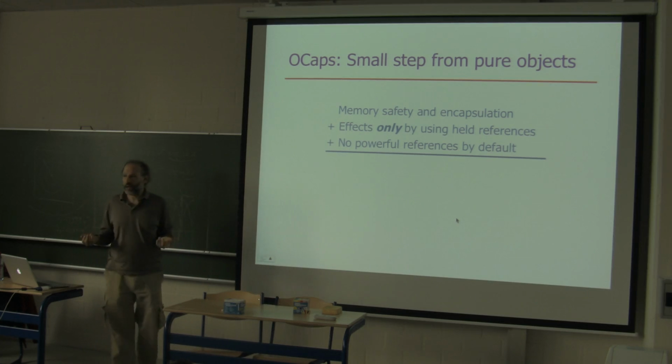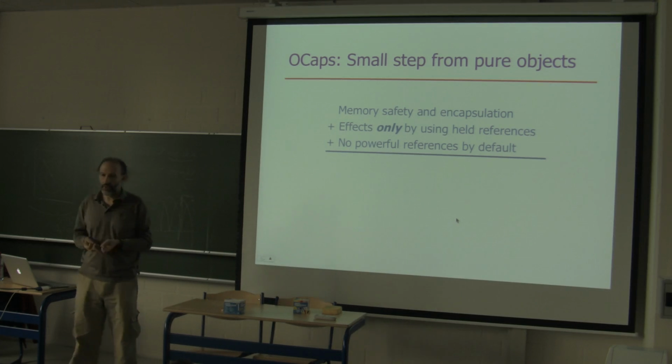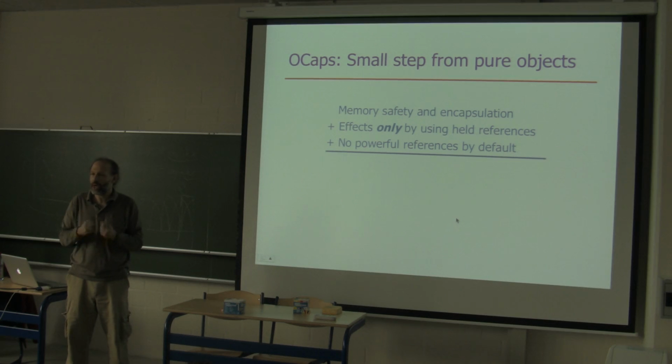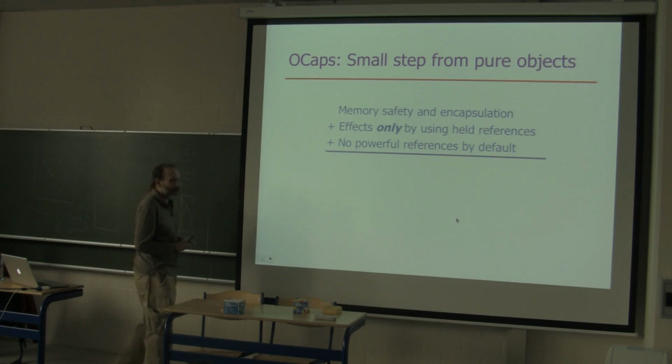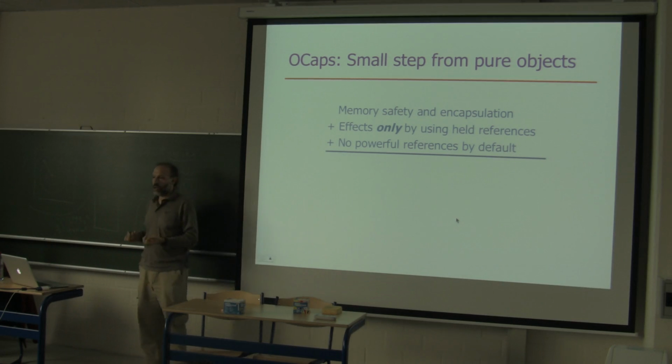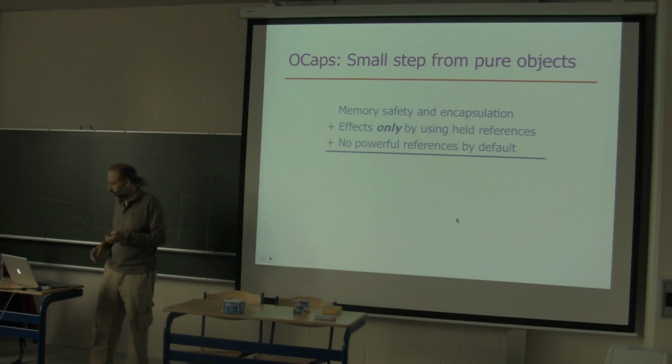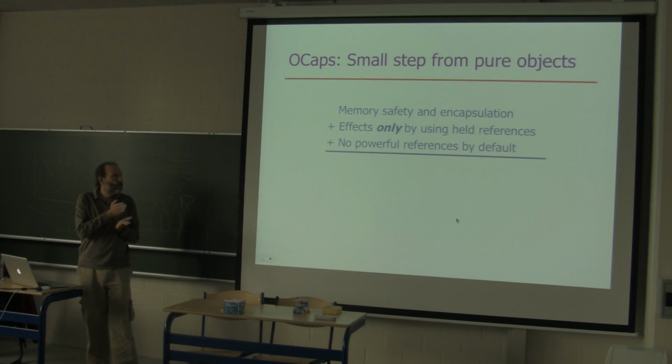Many programming languages, like Java, for example, have real memory safety. Pointers are unforgeable. If nobody gives you the pointer to Carol, you can't just make it up out of thin air by casting an integer. And they have real encapsulation. If you have a pointer to Carol, you can use the public interface, but you can't reach inside and grab private instance variables.